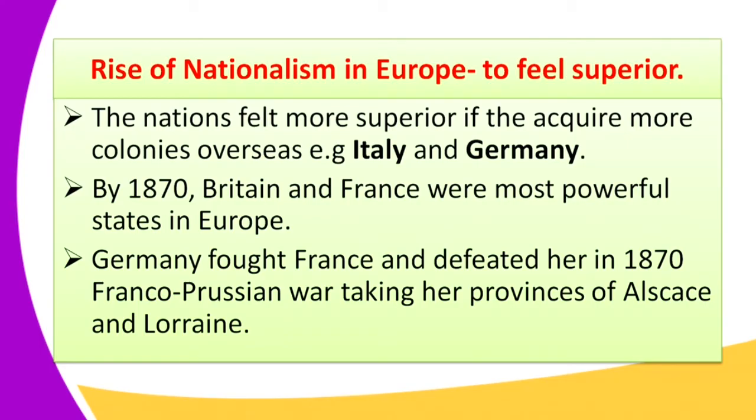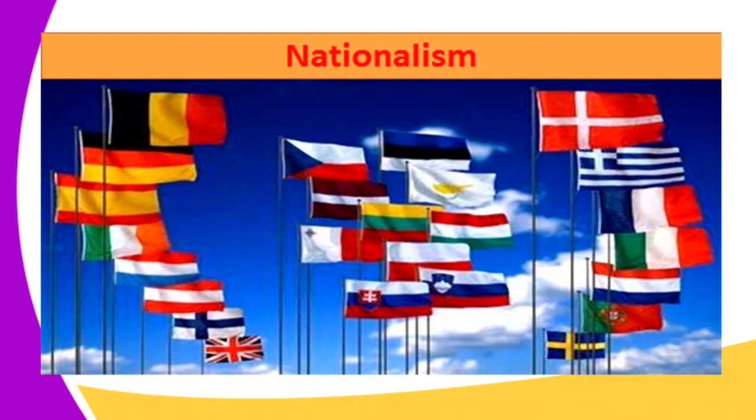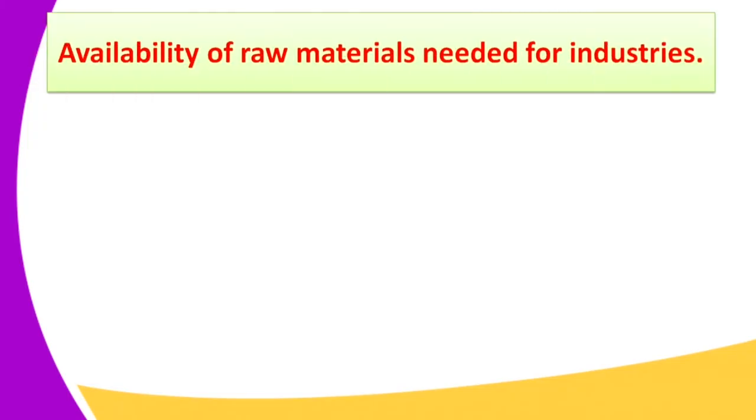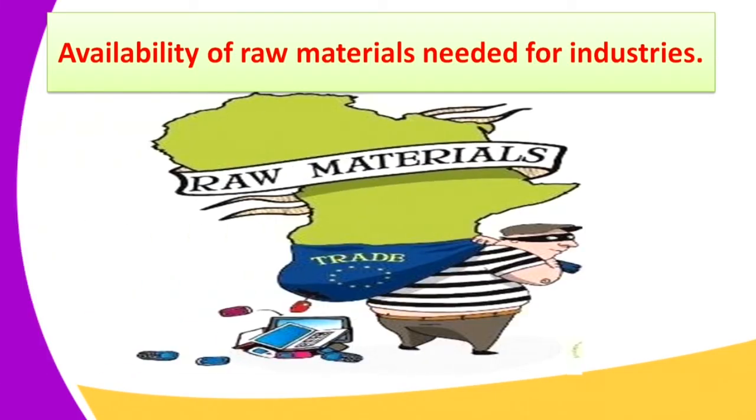So you can see the representation of these countries in Europe that actually considered themselves to be more superior than others. Another factor for the scramble for and partitioning of colonies in Africa was the availability of raw materials needed for the industries. In Africa, you can see in my illustration, they had discovered through the trade they were engaging in before extending their imperialism.